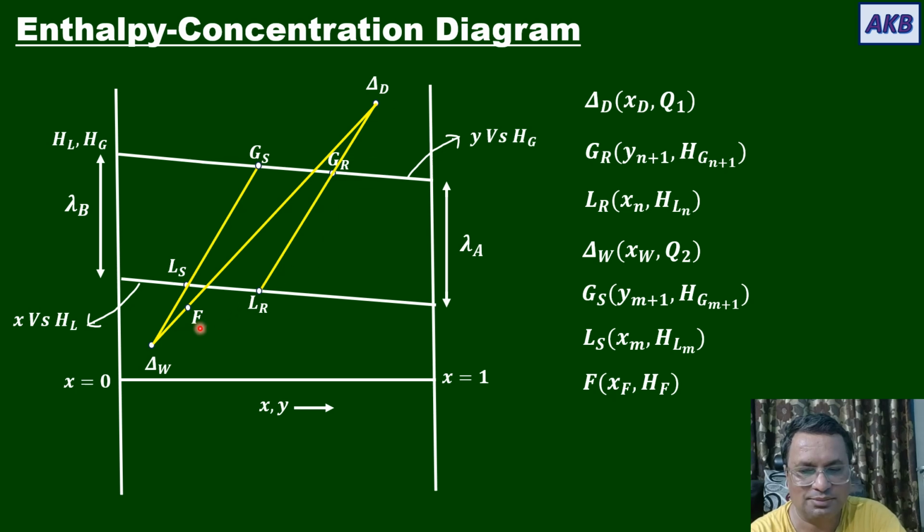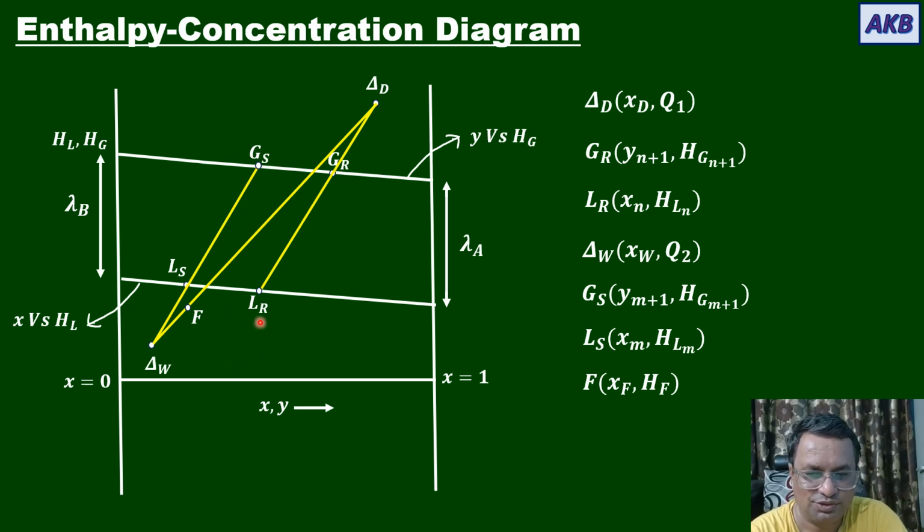Okay, so for example, over here, F is representing a liquid solution. So if point F was lying on the lower curve, in that case, the feed would be a saturated liquid solution. We are going to talk about it in our next videos.